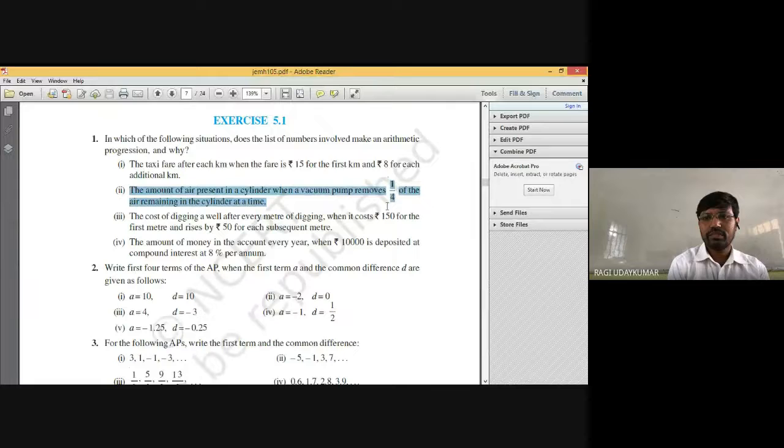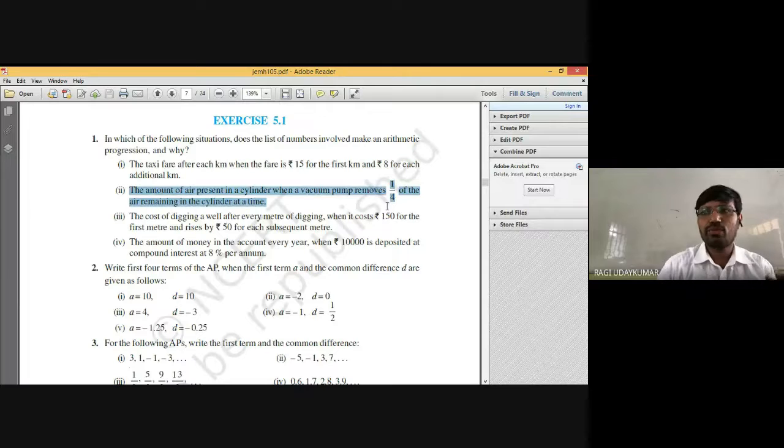Apply simple logic here. Take 400 units of air, say centimeter cube, in the cylinder. 1 by 4th is removed. 1 by 4th of 400 is 100. So what is left over? 300.